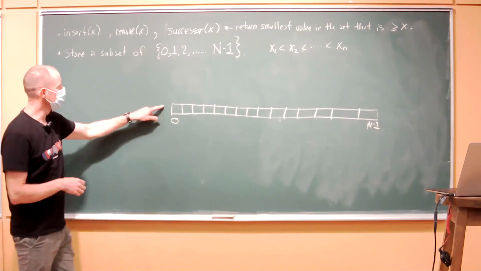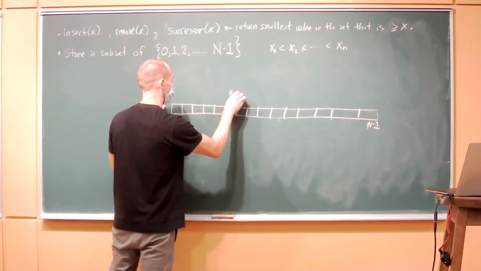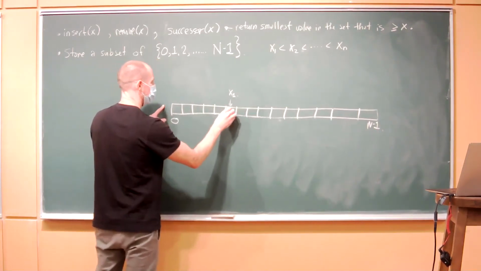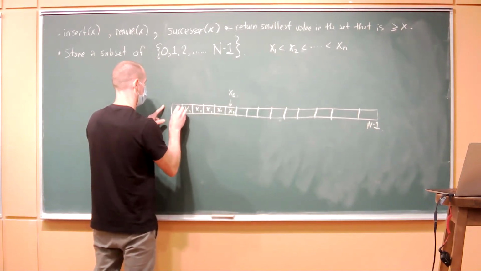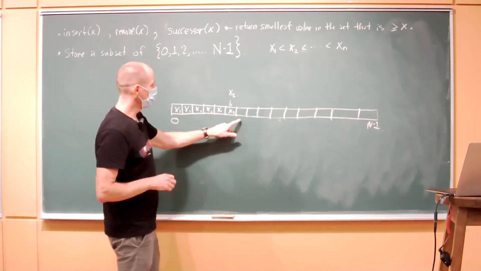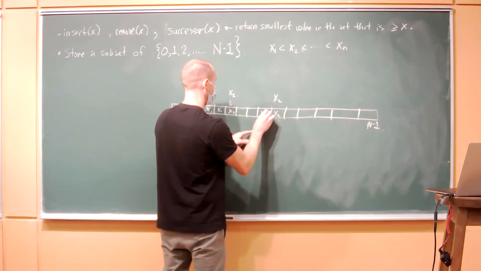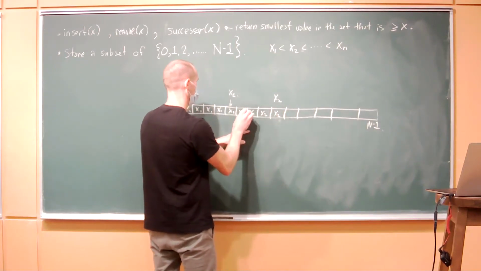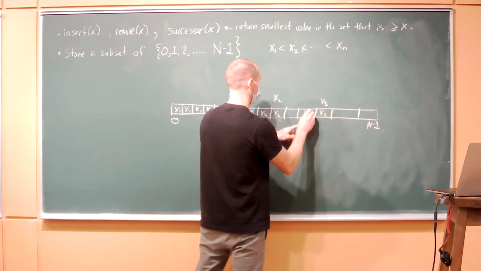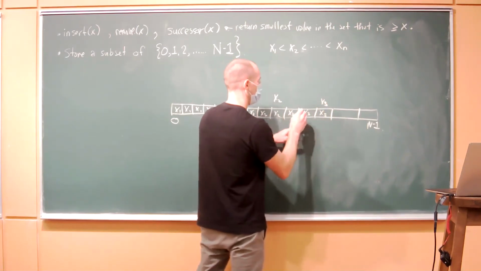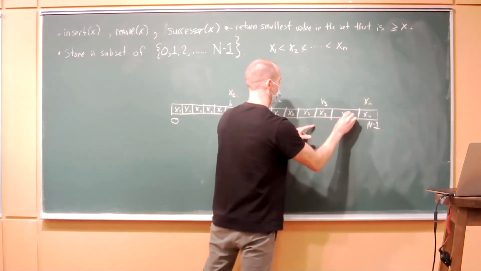Well, we can go to position x1 in the array and set all these values to x1. Then we go to position x2 in the array and set all these values to x2. And then x3 and set all these values to x3 and so on up to xn. Okay.